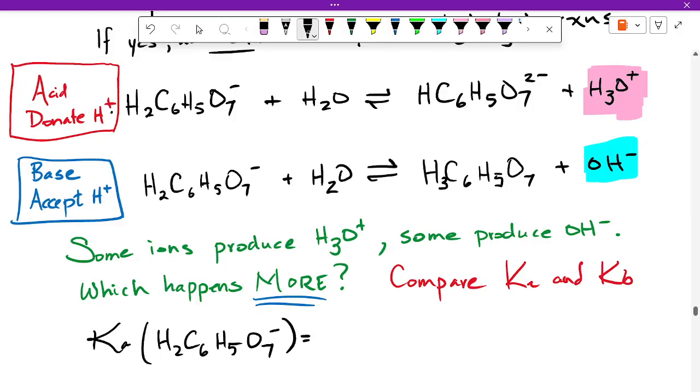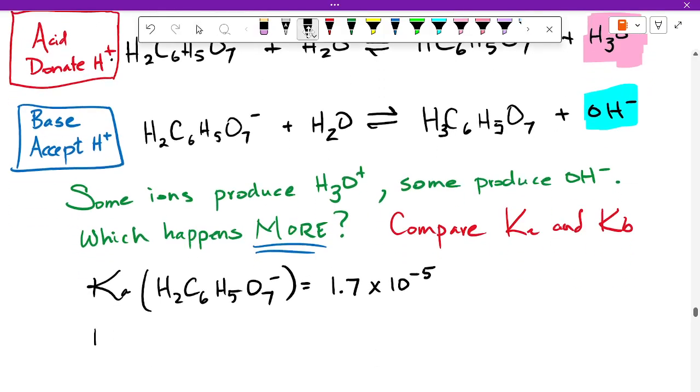And the Ka of that guy is, why can I not find you? I can find H3. I can find H. Where's my H2? I'm blind. There it is. 1.7 times 10 to the negative 5.